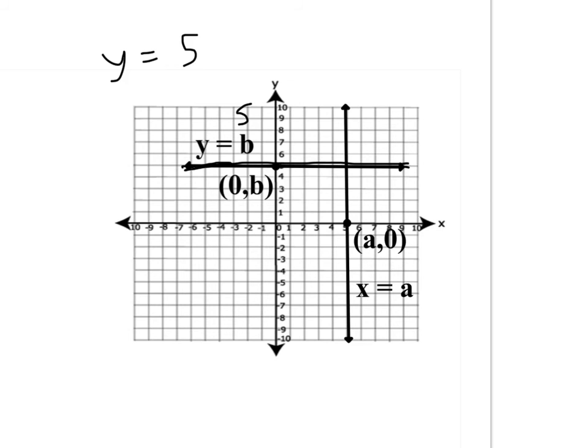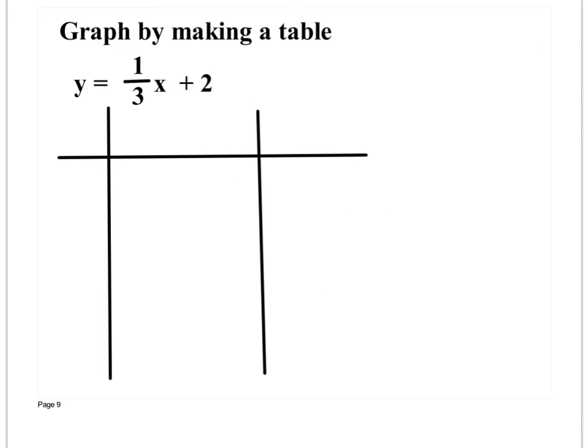It's the same thing for this vertical line, where x equals a number. What is the number here? 5, because my x-coordinate doesn't change and my y does, so we just say x equals that number. All right, any questions?